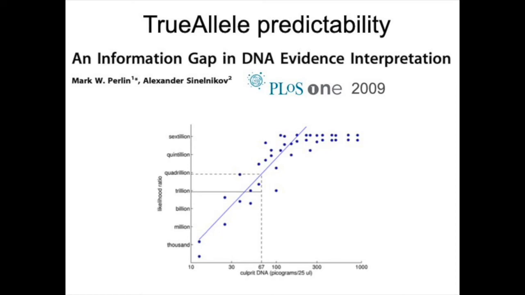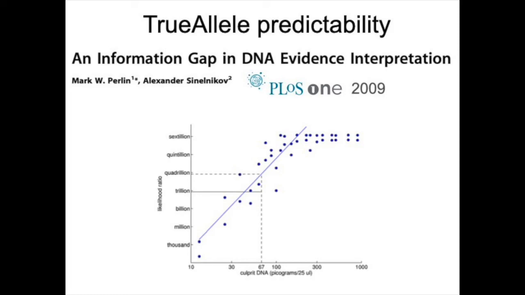This chart shows how you go from 0 on the bottom left, 0 DNA input on the horizontal x-axis, and essentially 0 information as the match statistic, the likelihood ratio. We're working in these powers of 10, where on the scale 1,000, million, billion correspond to 3, 6, and 9 as we add up.